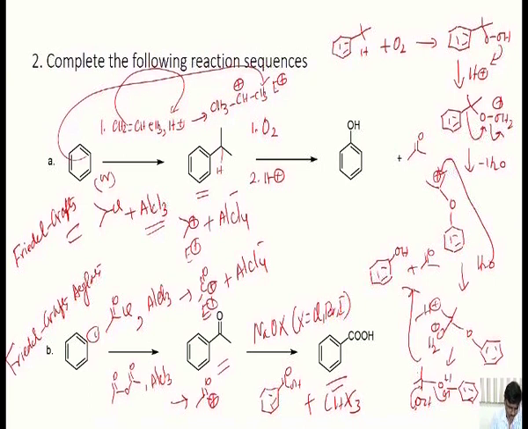If you have the acid chloride, you can react it with aluminum chloride to form the acylium carbocation, which can act as electrophile, which can undergo aromatic electrophilic substitution reaction with, in this case, benzene. The acetophenone can be further oxidized to benzoic acid using sodium hypohalite.